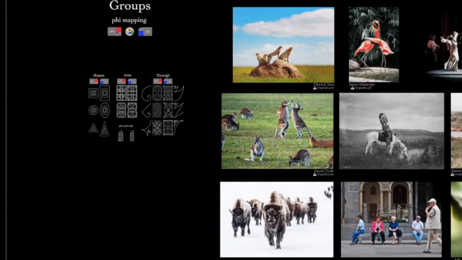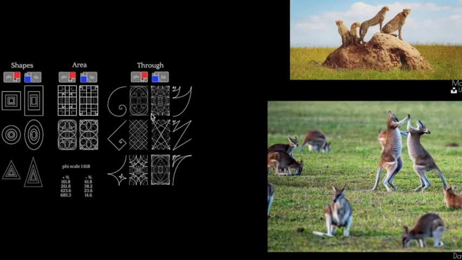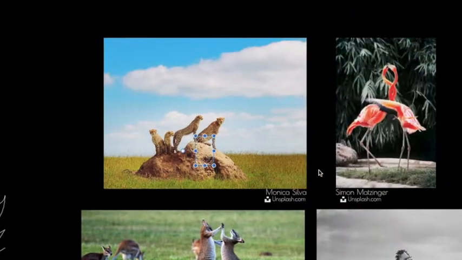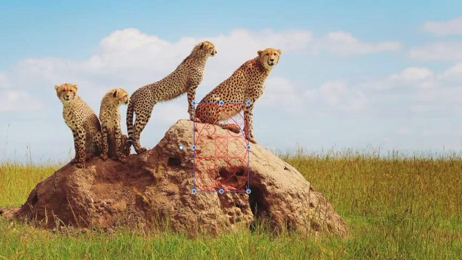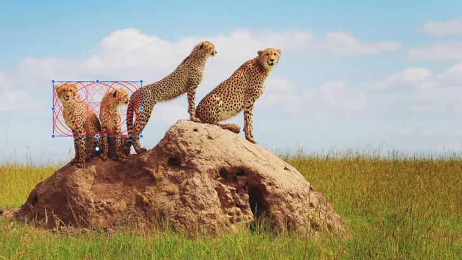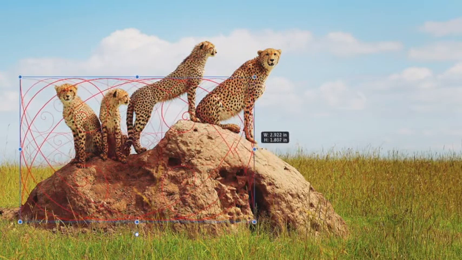And let's look at the phi spiral. Yeah. Yeah, now let's go to the full one.